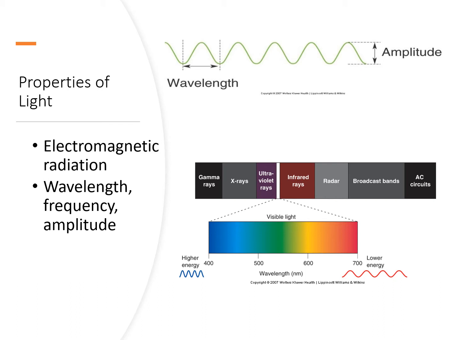So, a quick reminder about some basic properties of light. Light is electromagnetic radiation, which means that everything is traveling at the speed of light. Which means as frequency goes up, wavelength is going to go down.